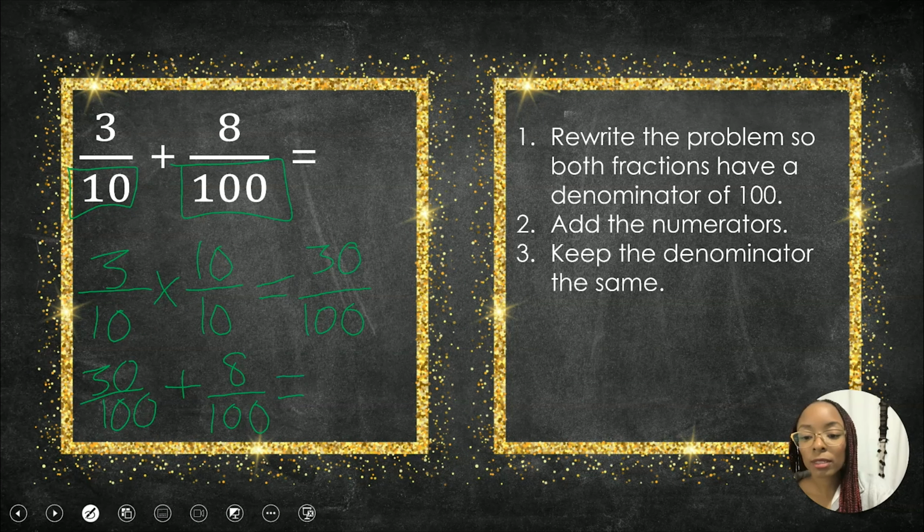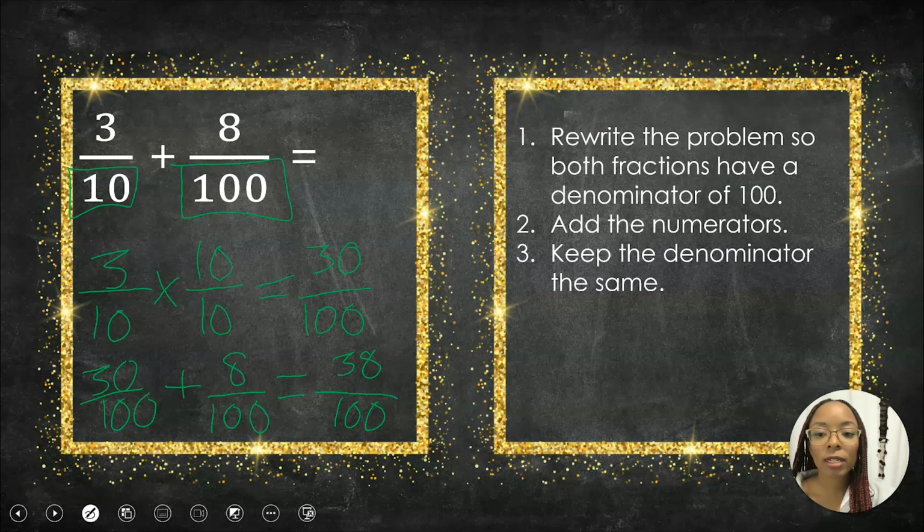We're going to add the same way we normally add fractions. So 30 plus 8, those are our numerators. That's going to give us 38, and our denominator stays the same. So 3/10 plus 8 hundredths is 38 hundredths.